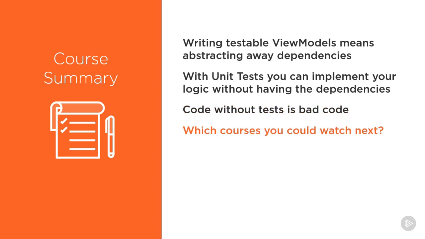Now, which courses could you watch next? There is a WPF and MVVM Advanced Model Treatment course in the Pluralsight library. In this course, you learn how to create wrapper classes for your models in a test-driven way. These wrapper classes are used for change notification, change tracking, and validation.